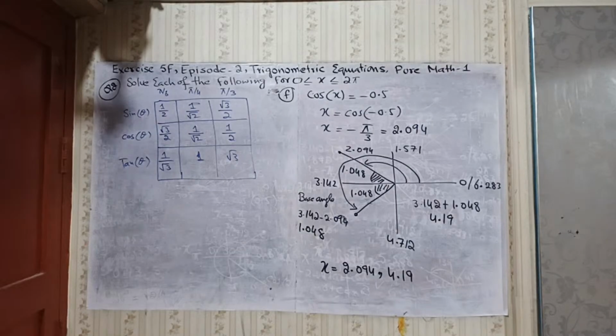Let's check. What is 2 pi by 3? 2 pi divided by 3 is 2.09, and our answer is the same. The other answer they gave is 4 pi by 3, which is 4.188. So that's 4.19. So our answer is right if you take this angle.